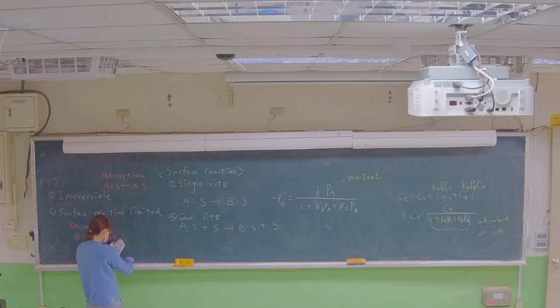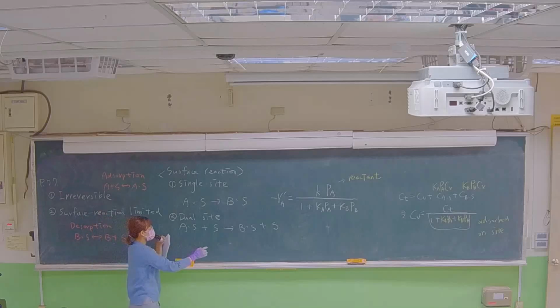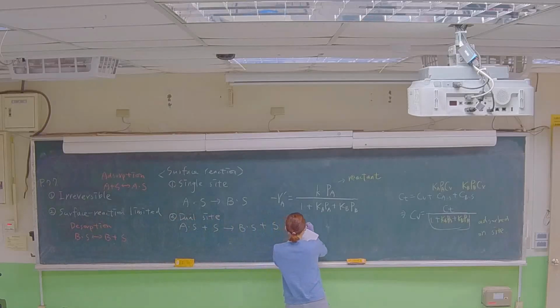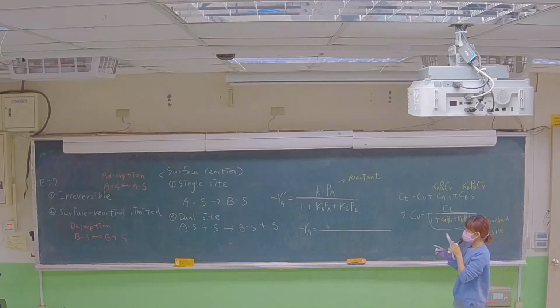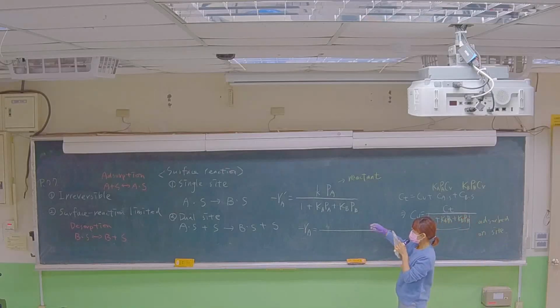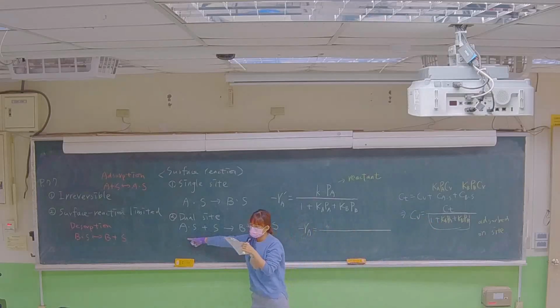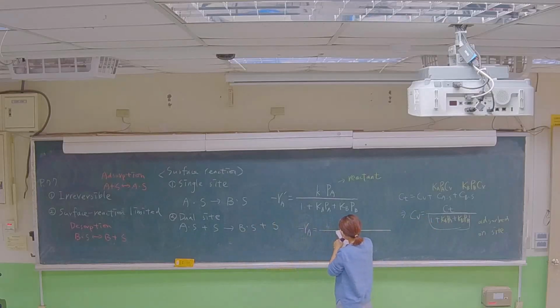Okay, so for this part, what is the rate law? Okay, again, how about this part? This is the reactant, right? Here you should put a reactant. So the reactant is only A. So that is K PA.